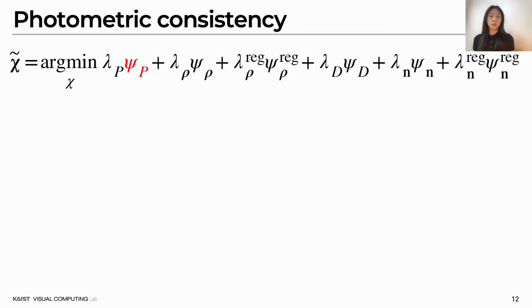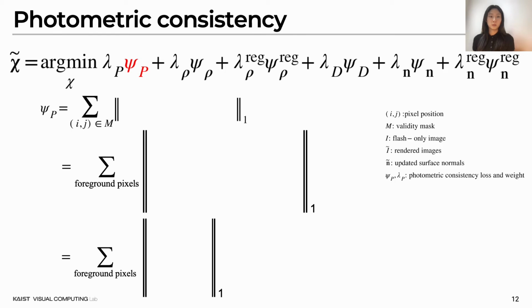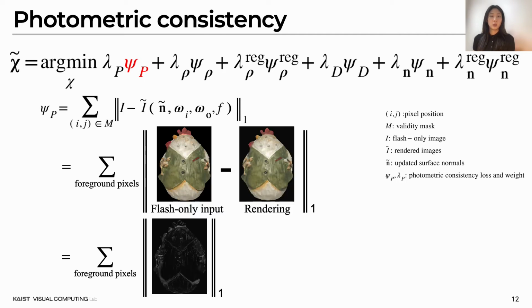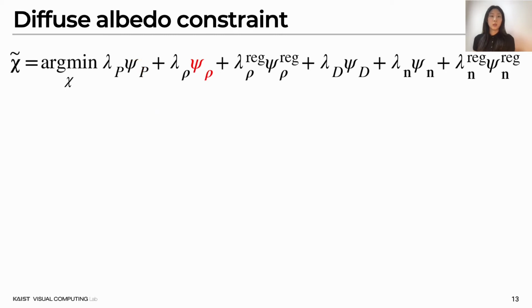Let's look at the objective function in more detail. Our objective function consists of 3 photometric terms and 3 geometric terms. The first term is the photometric consistency term. This term reduces the difference between the input flash-only image and the rendered image in foreground pixels. The second term is the diffuse albedo constraint.